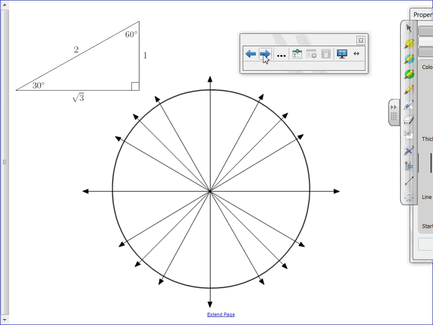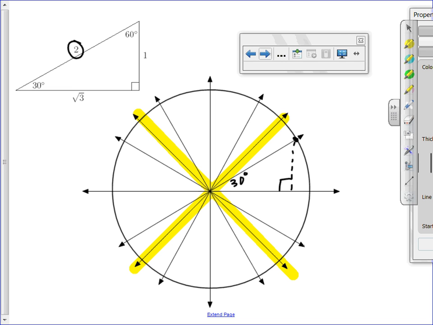Similarly, we can apply the same principle to our 30, 60, 90 triangle that we've looked at before. Now this diagram is a little bit complicated. We're going to ignore these lines right here because those are the 45s we just did. We're going to look at what if we have a 30-degree angle right here. If you look at the picture up there, we can compare.